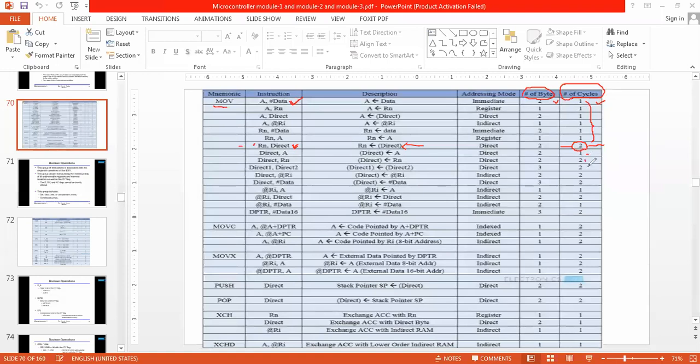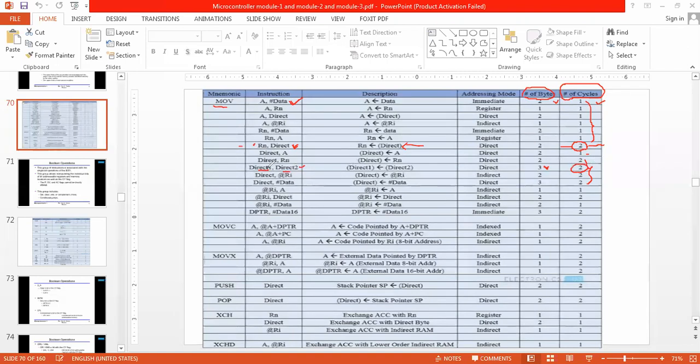Again, here is another instruction, a 3-byte instruction: direct 1 comma direct 2. Calculate the address of the source, calculate the destination, and then load the value of the second address into the first address. That is why it is 3 bytes, but these things happen in 2 cycles.